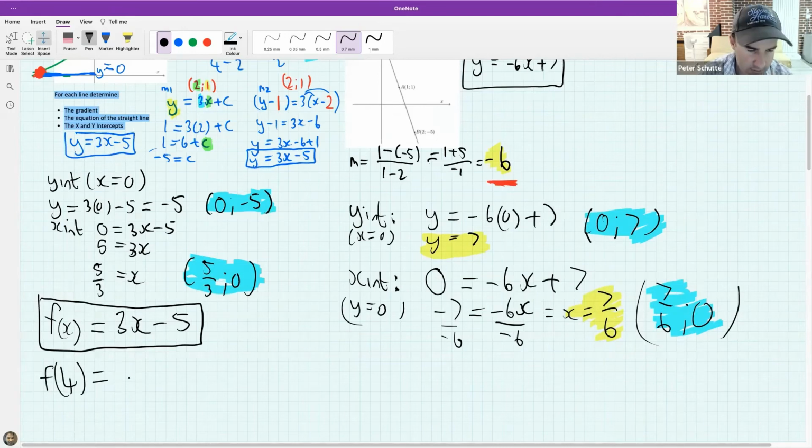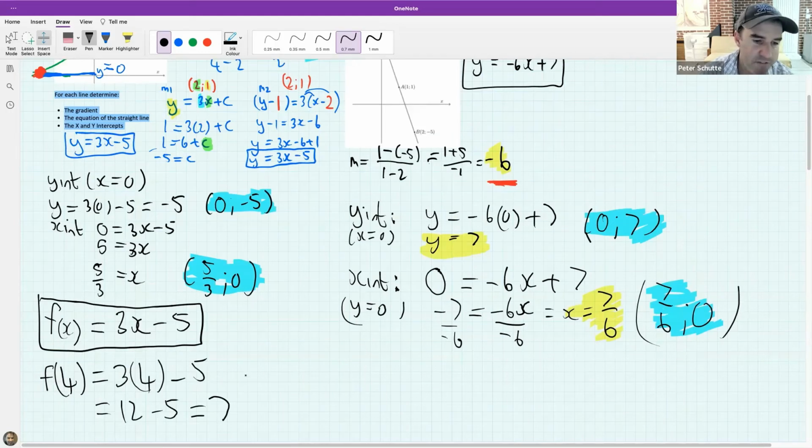All that means is what is the value of the function f when x is 4? And so the f of 4 would simply be 3 times 4 minus 5, which would be 12 minus 5, which would be 7. So in fancy mathematical writing, the f of 4 is 7.